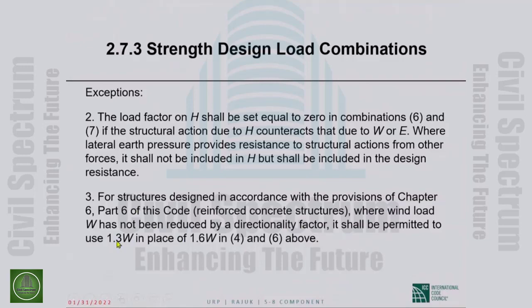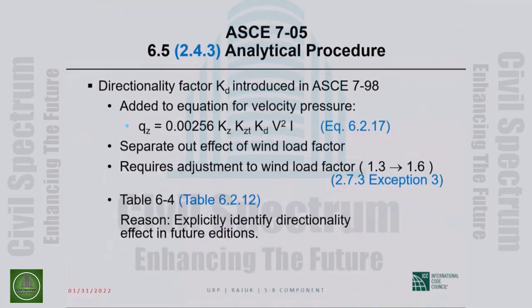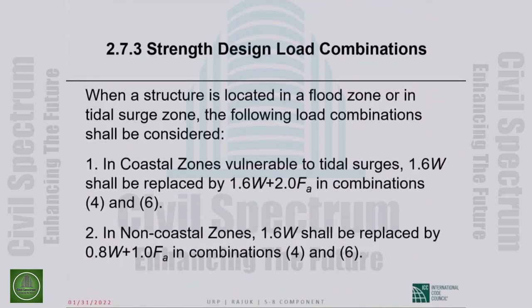You don't have to use 1.6. Okay? I have spent quite a bit of time. Hopefully that has been understandable. And you have the 2 slides, and so that should help you. So all 3 exceptions to the strength design load combinations are important.